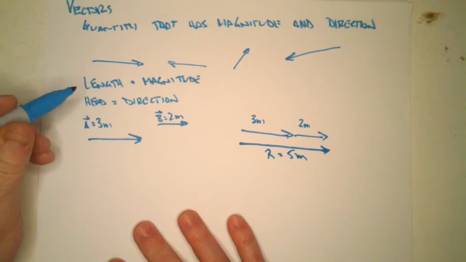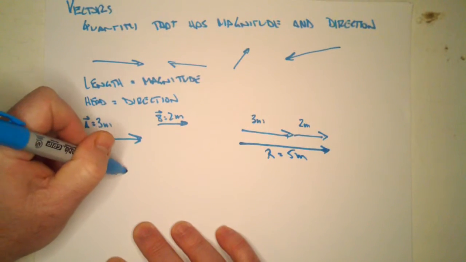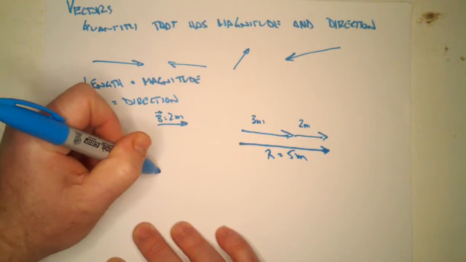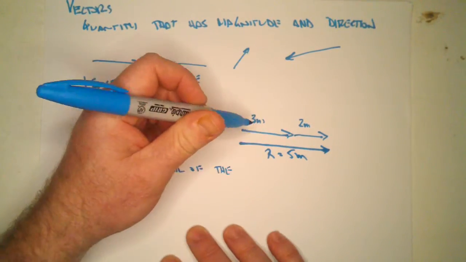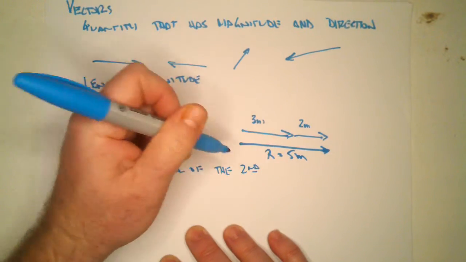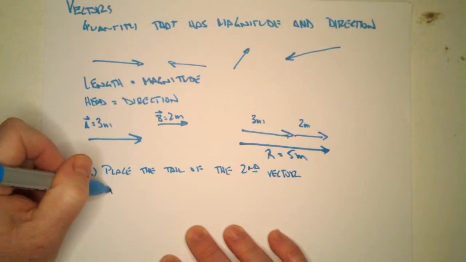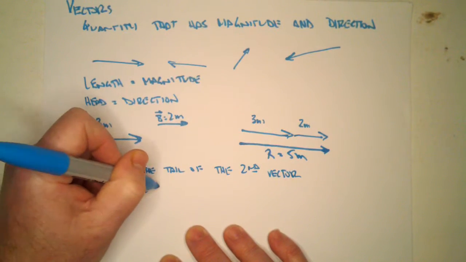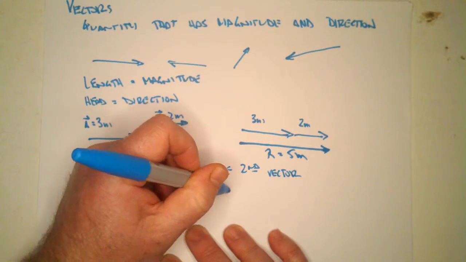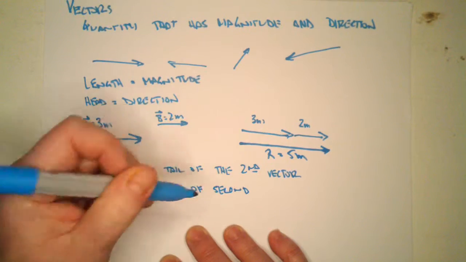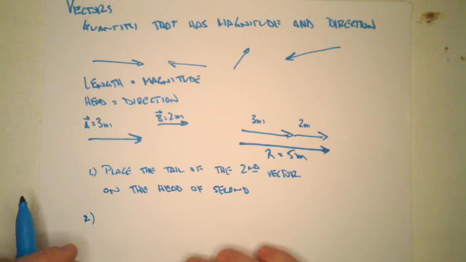So there are 2 rules to follow. 1, place the tail of the second vector on the head of the first. Second step is then to draw the resultant.